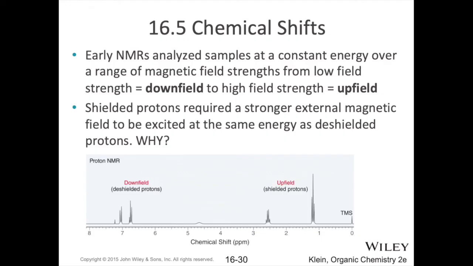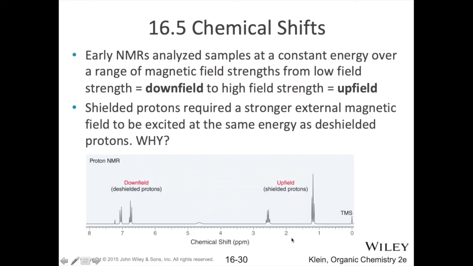All right. A quick note here, and you've probably already noticed this: our axis actually increases going from right to left. So the TMS peak, that 0 point, is all the way at the right, and the numbers increase as you go to the left.